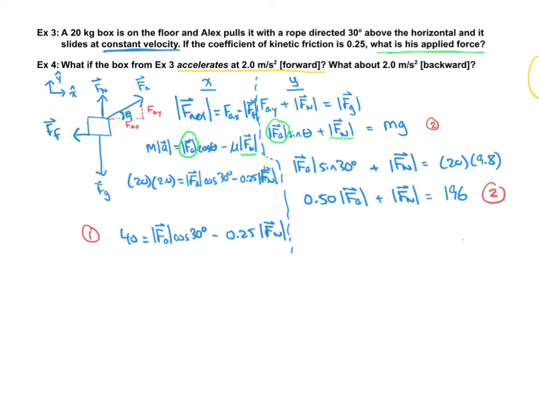So I'm typing in Wolfram Alpha, loaded up. 40 equals, I'm going to say A times cosine of 30 minus 0.25 times B. I'm using B for the normal force. Write the word and, A-N-D. Then I'll type the second equation, so 0.50 times A plus B equals 196. Hit enter.